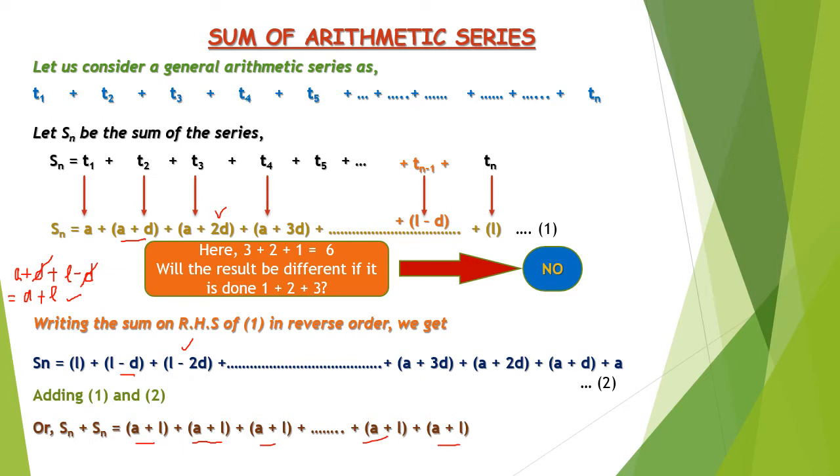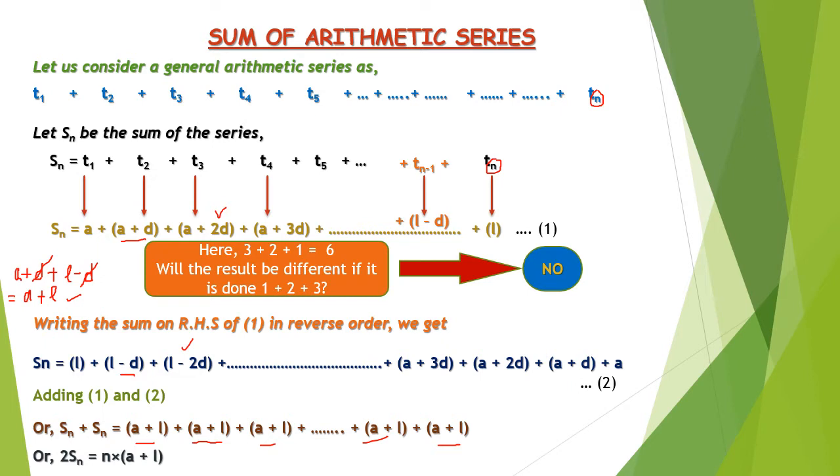So let's add. On the left hand side it will be 2Sn, on the right hand side it will be N times A plus L. So how many A plus L are there? There are N of A plus L. How do we know this? We have N terms. We have considered our series of N terms, isn't it?